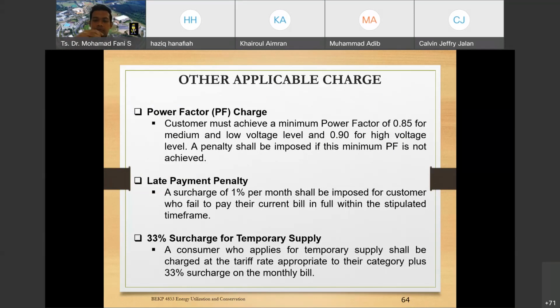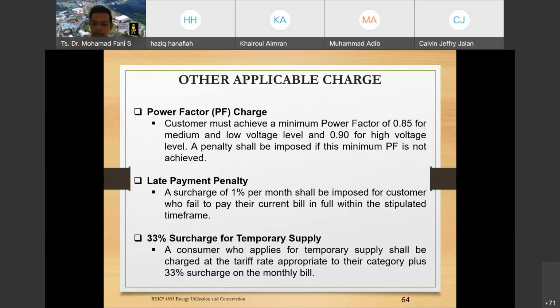A penalty shall be imposed if this minimum power factor is not achieved. So there is a calculation for low and medium voltage consumers.